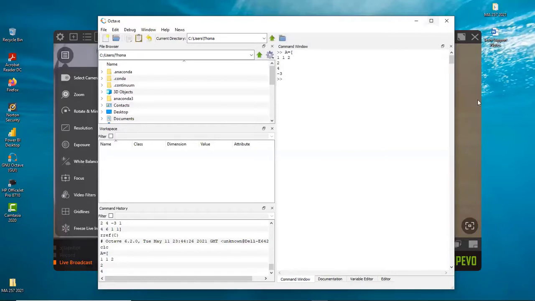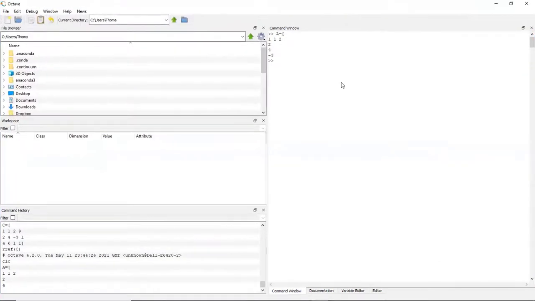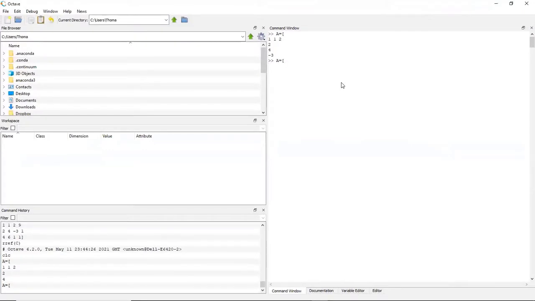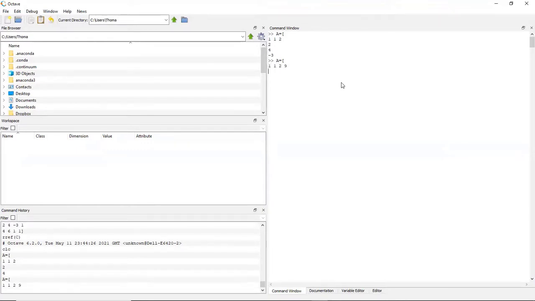Are people online, if you could answer with voice rather than text, are you seeing an Octave? It's like a matrix calculator here. Yeah, we are. Okay. So let's just type one in here. 1, 1, 2, 9.